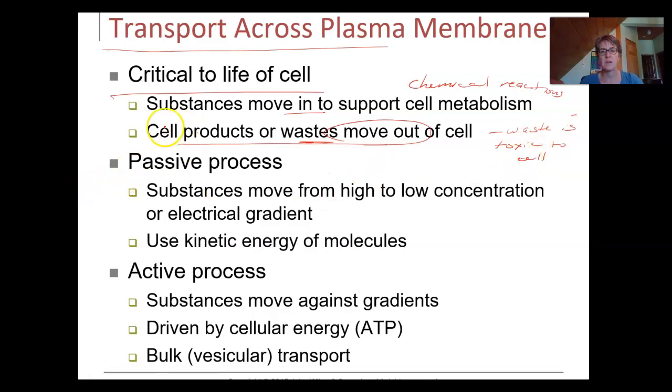All right. So cell transport is either passive, meaning it just moves on its own. How does it move on its own? It moves along a concentration gradient.